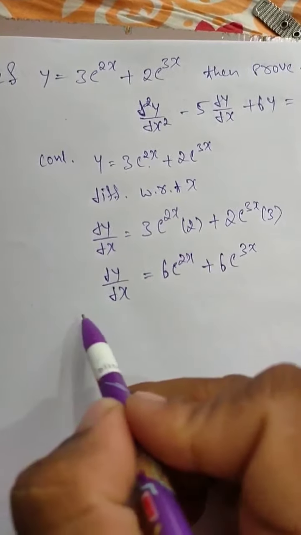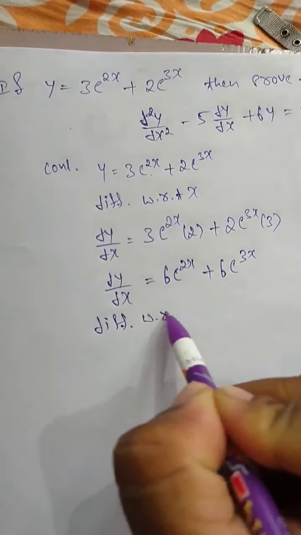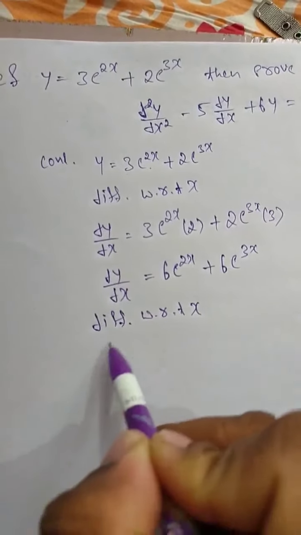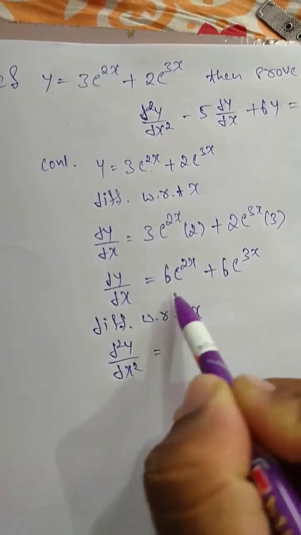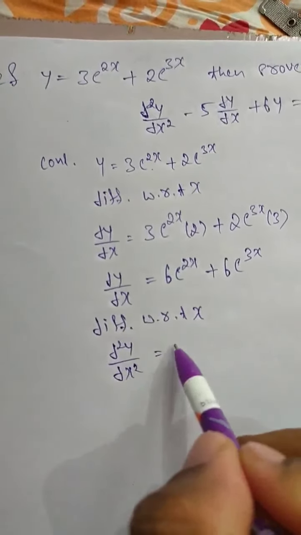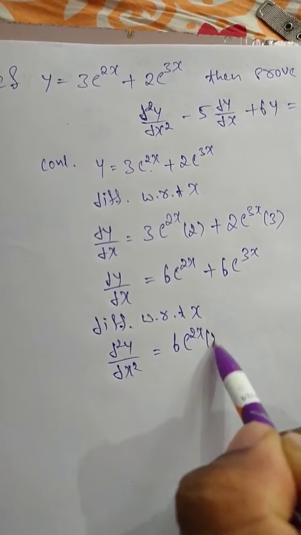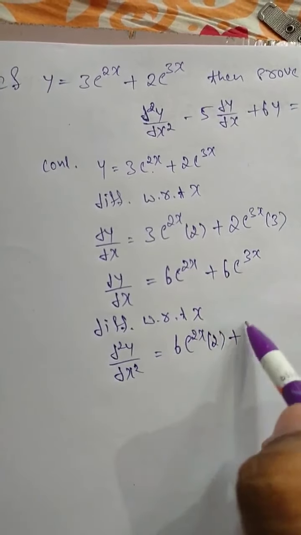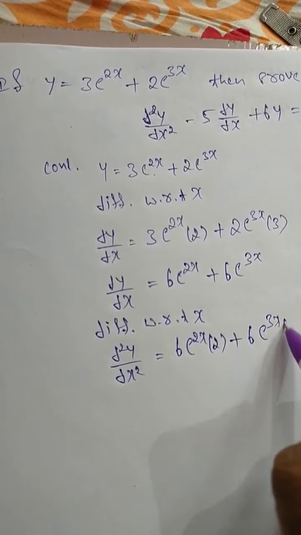Once again differentiate with respect to x. So here once again we are differentiating. d square y by dx square is equal to, here the constant is with the function, take out the constant. The differentiation of e to the power of 2x is e to the power of 2x into 2. Again the constant is with the function, take out the constant. The differentiation of e to the power of 3x is e to the power of 3x into 3.